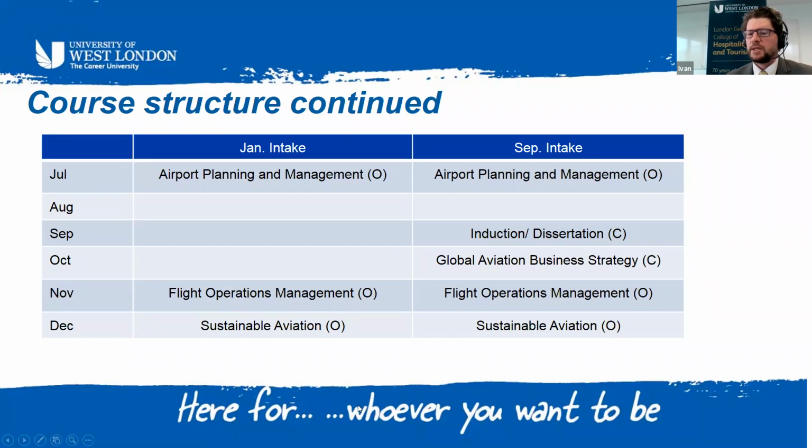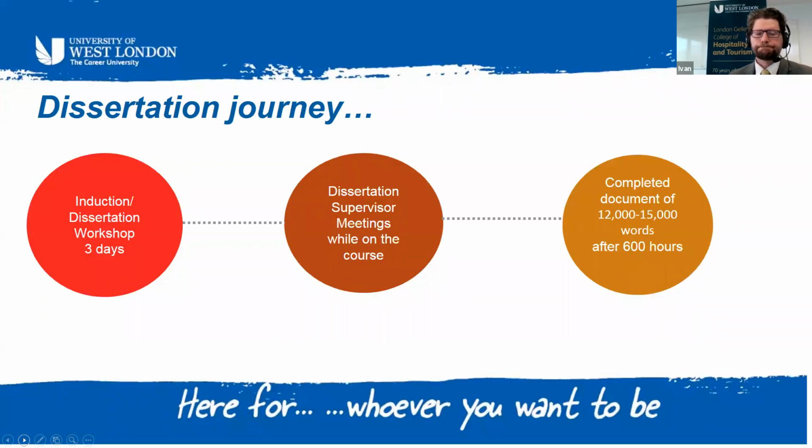So we offer a time for you to get a breather in the program, and then depending on which intake you are following, in case of January, you have a gap until November when you have flight operations and sustainable aviation delivered, while if you are taking your program from September, it's going to start with induction and global aviation business strategy, September and October. As you can see here, the plan is for us to offer you modules for each group, a module that is actually available for them to study within a year of their enrollment.